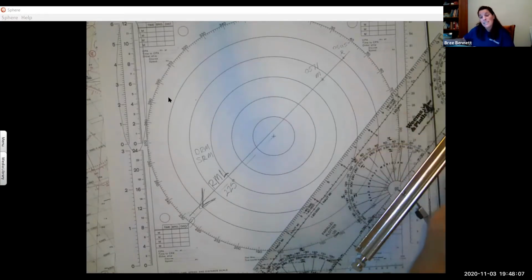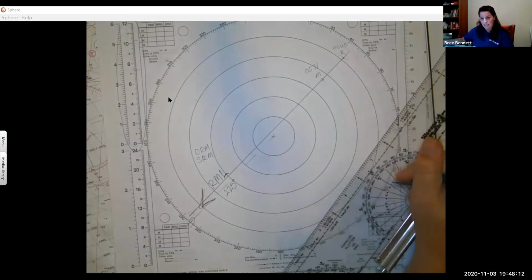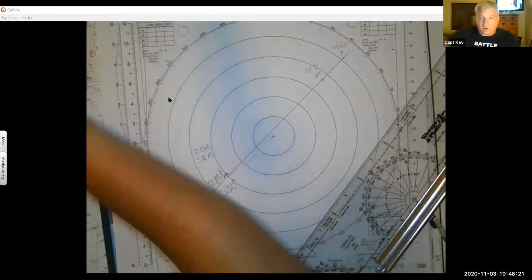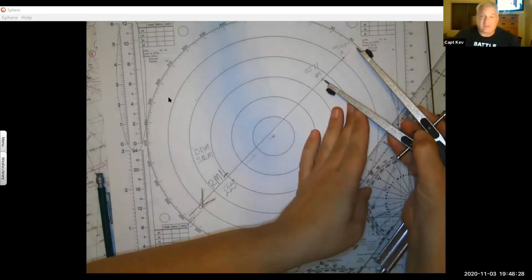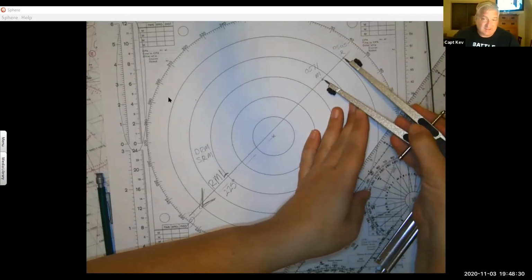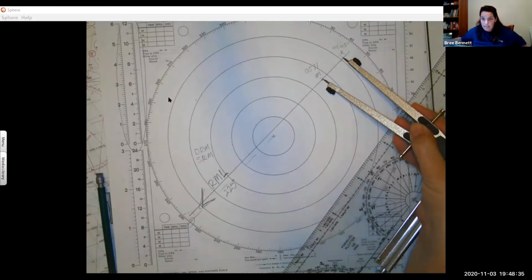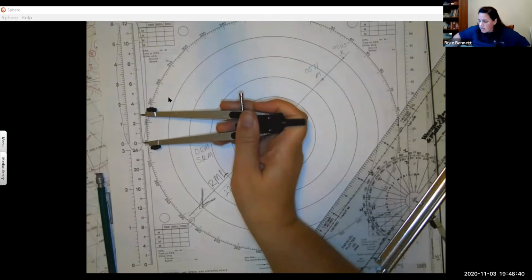Now I need to figure out my speed of relative motion. So how do we do speed? You're going to measure the distance between R and M with your compass, and then do 60 D Street. So I see the distance between R and M, and I can measure that distance.